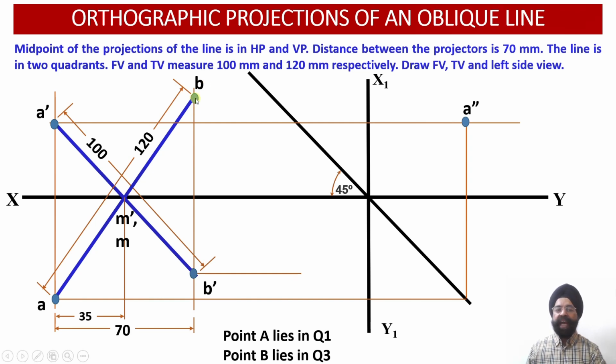Now we know that end B of the line AB is lying this much distance. Please see, this much is the distance of the point B behind the vertical plane. So this distance of point B in the top view, that is behind the vertical plane, we need to transfer into the profile view projection over here.